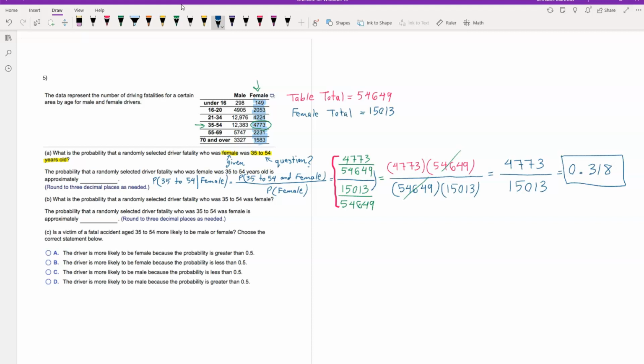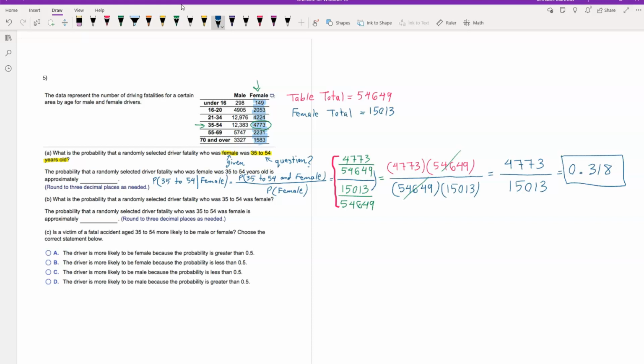So we are using what we had in the denominator for each one of these probabilities. Probability of 35 to 54 and female, the denominator was 54,649, and that was the same for probability of female. We had the same denominator, 54,649, but here we cancel that number. What that means is we could use this number, 4,773, in the numerator divided by what we had in the denominator for female total.